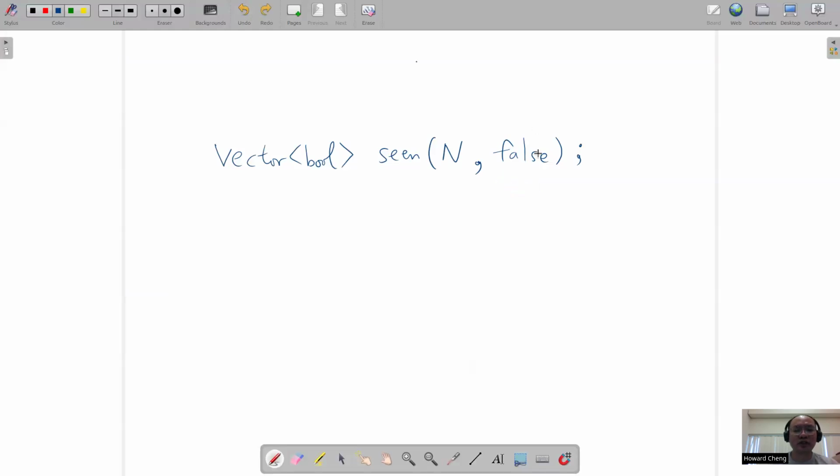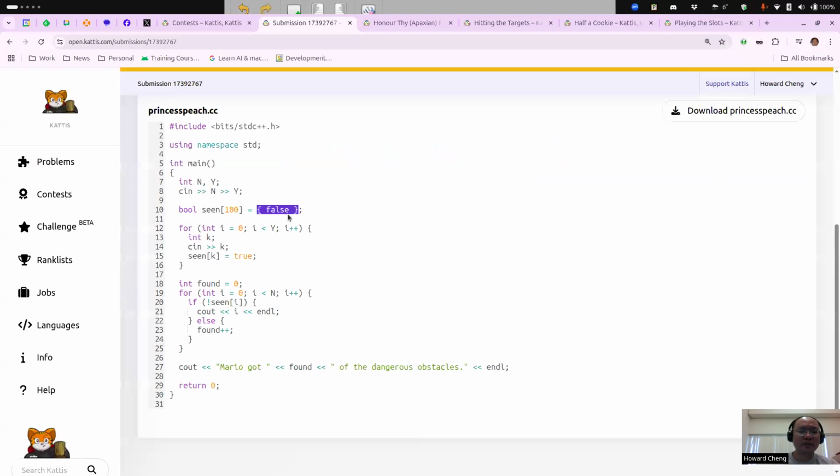The problem itself is not that hard. Basically I just read in all the values, all the obstacle IDs that you find, and then I set it to true. Okay, if I see something multiple times, it will still set it to true just once. And then after that, I remember how many I found. And for each one, I go through all of them.